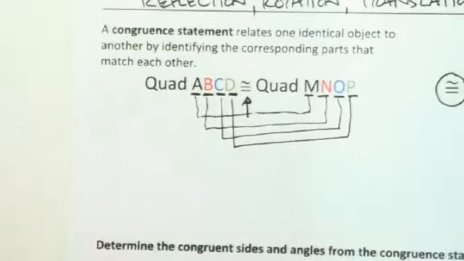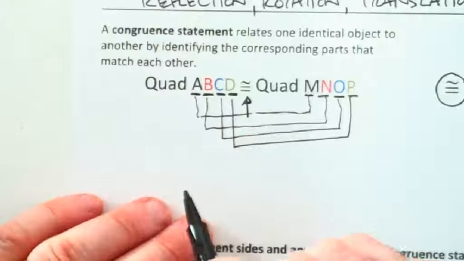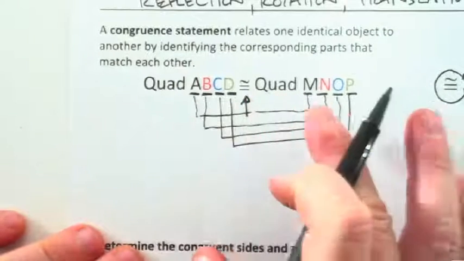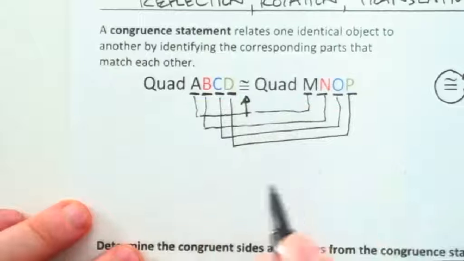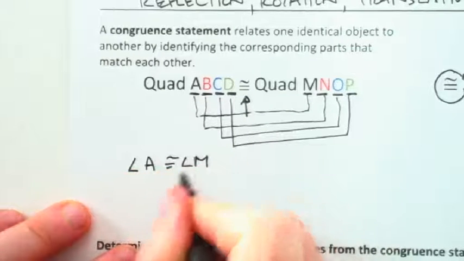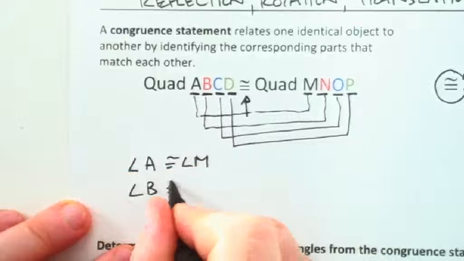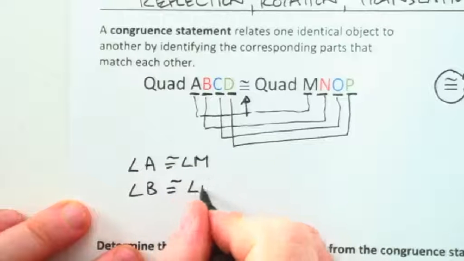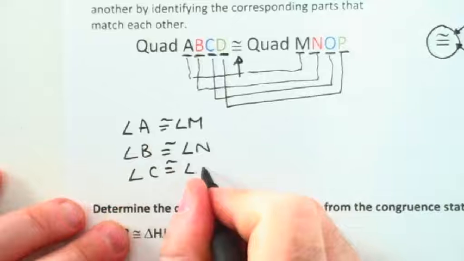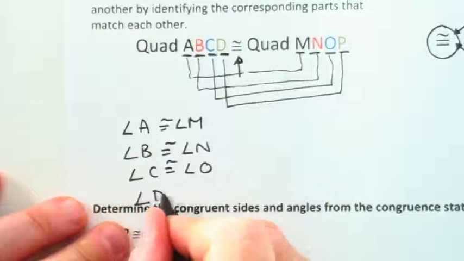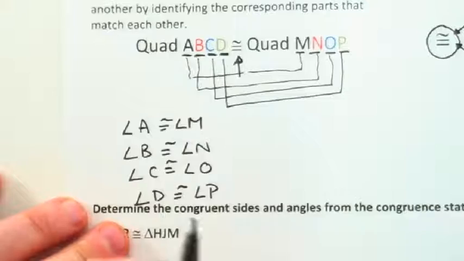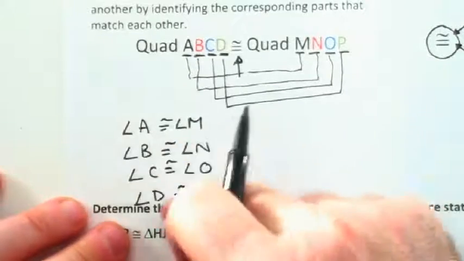Now let's go back to this idea of corresponding parts. In other words, if quadrilateral ABCD is congruent to quadrilateral MNOP, it means that angle A is the same as angle M. Angle B is the same as angle N. Angle C is the same as angle O. And finally, angle D is the same as angle P. So angles are preserved.